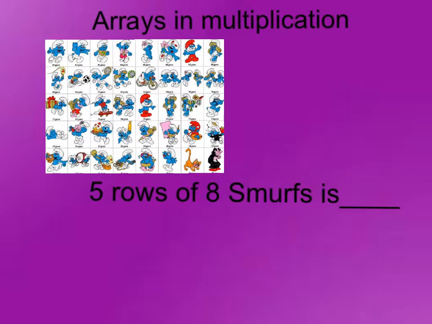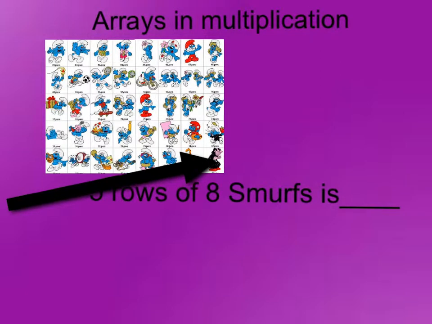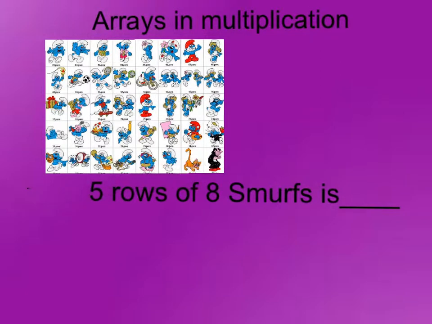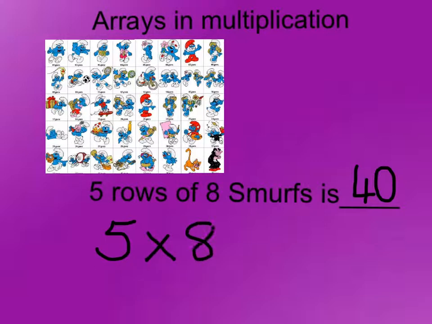Let's count in fives to see how many Smurfs I have. Ready? 5, 10, 15, 20, 25, 30, 35, 40. I have 40 Smurfs. Now, let's write that as a number sentence. 5 multiplied by 8 equals 40.